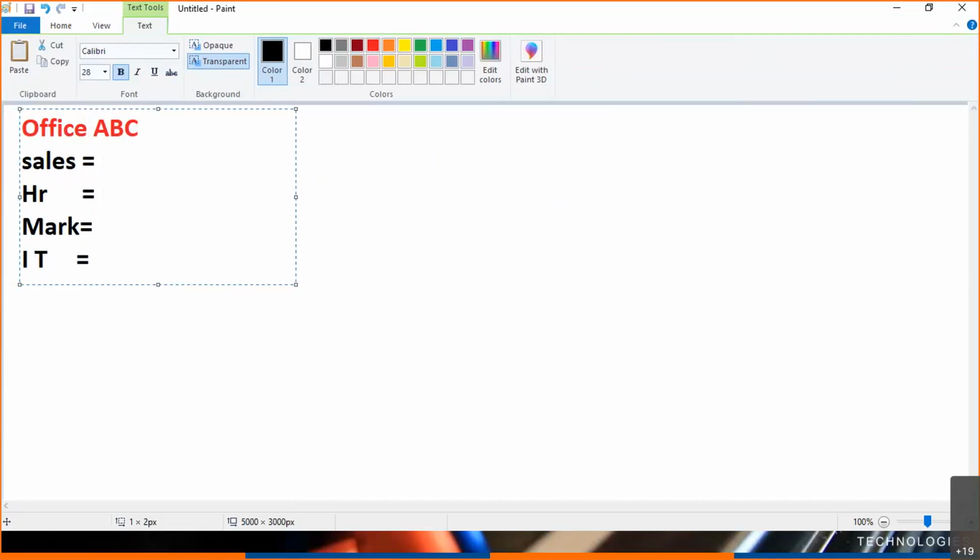In the sales department there are 50 devices. The HR department, marketing department, and IT department also have 50 devices each. So my simple question is, how many devices are in Office ABC in total?